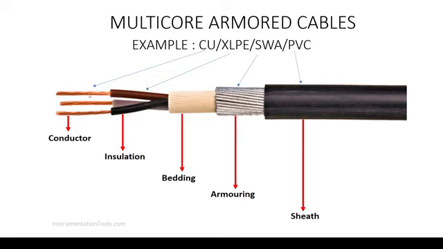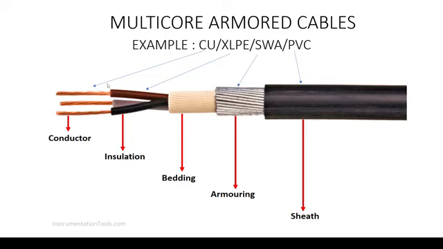You start with the conductive part, which is copper. Then you move to the insulation, which is directly above the conductor. This is, in this case, XLPE, cross-linked polyethylene, which is the most commonly used. This can be either XLPE or PVC, but XLPE is the most commonly used type.